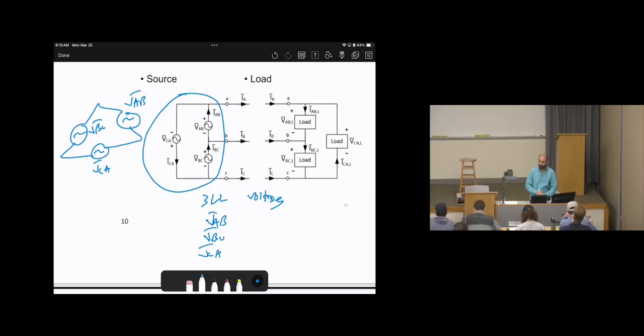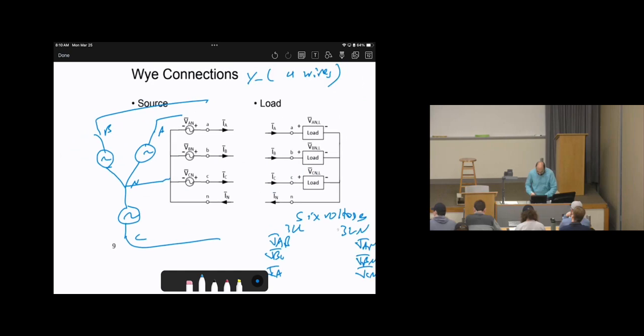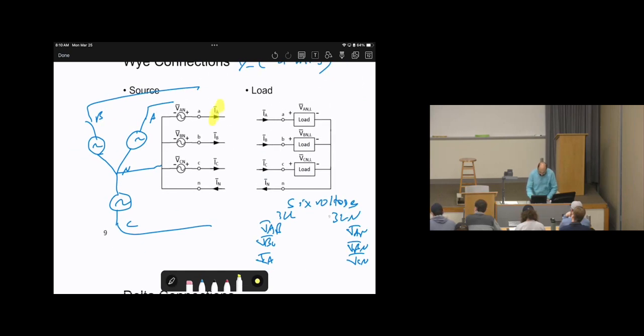We don't have a neutral, therefore in delta connection we cannot say there is line to neutral, or say there are 6 voltages. There are only 3 voltages because the absence of the neutral eliminates the remaining. Now, regarding the currents, in 4 wires we have IA, IB, IC, I neutral.